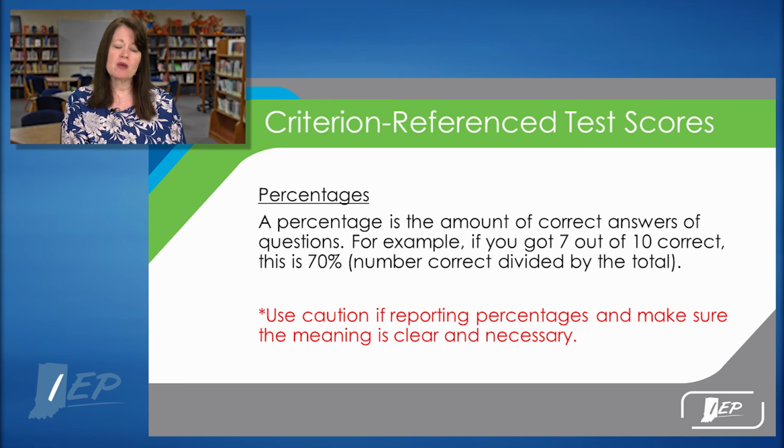But within that, you may be able to describe further how a student did, that on the items that they completed that were inferential versus concrete or specific, you may be able to tell that the student got 70% of this type of question correct, but only 40% of this type of question correct. So it's just giving further description. You can use it in a lot of different ways, but again, just be very clear as you're explaining this within your report and as you're explaining it at the case conference.